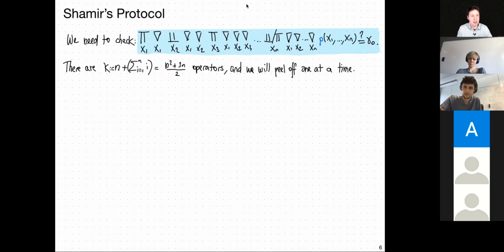Now, one of the confusing things about Shamir's protocol compared to the sum check protocol is that the round number is not the same as the variable that you're discussing, right? Because if you have n operators and you're peeling off n variables, then in round i, you're discussing variable i. Now you have k rounds, but n variables.